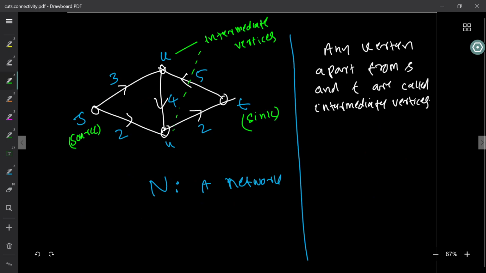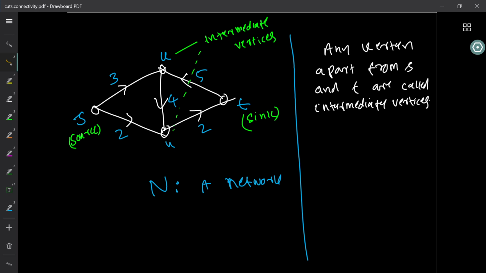So here is a very simple example of a network. We have the source here and the sink here, and you have these directed edges, and the numbers on the edges represent the capacity, the maximum amount that can be transported along that direction.